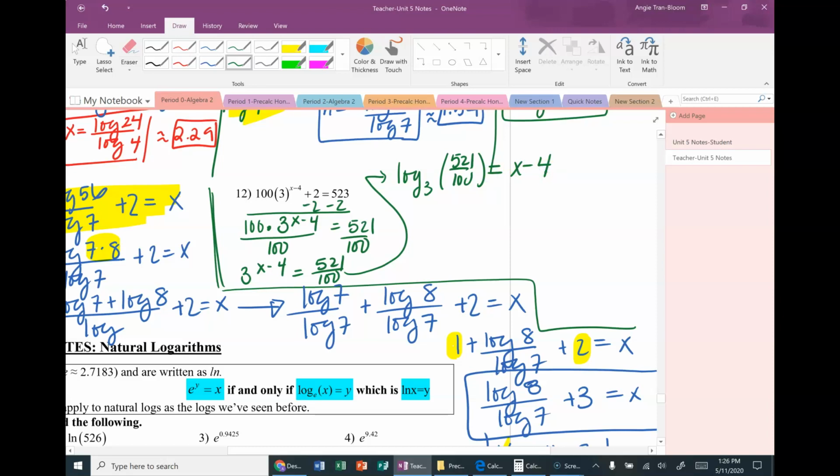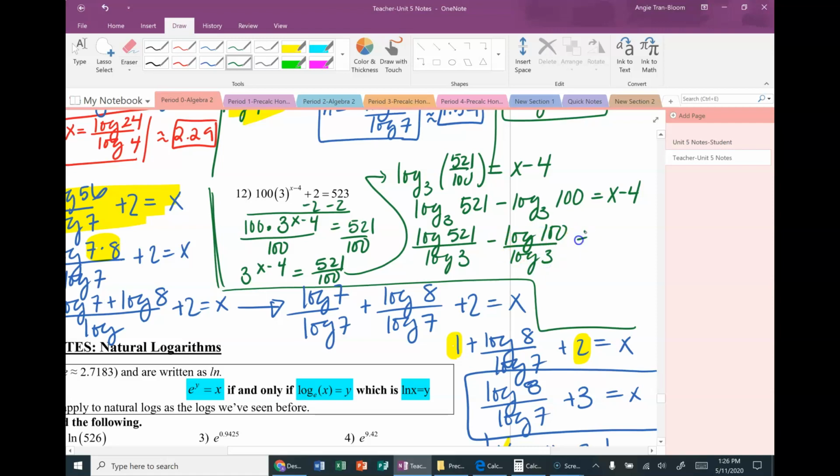You have a division right now. So we can go log base 3 of 521 minus log base 3 of 100 equals x minus 4. Then your exact form could be log of 521 divided by log of 3 minus log of 100 over log of 3.